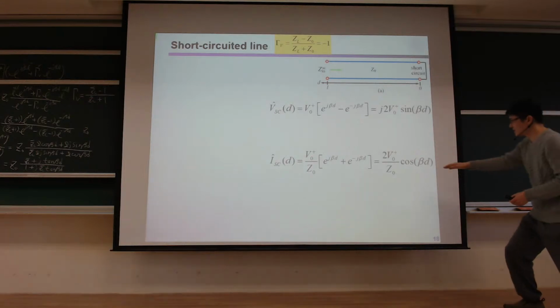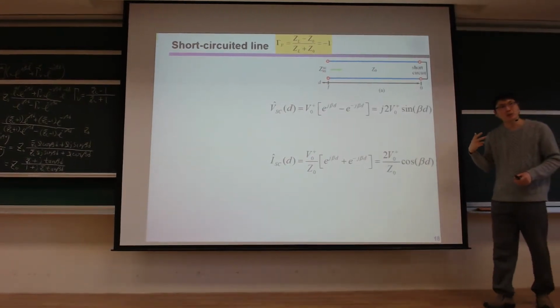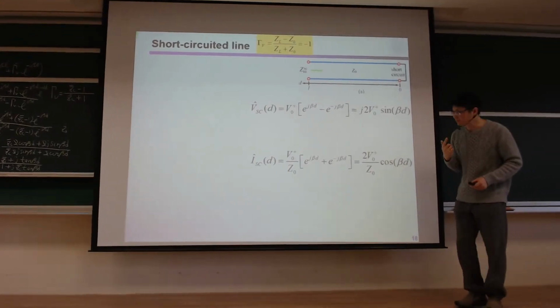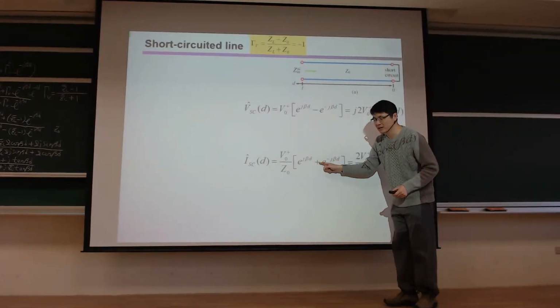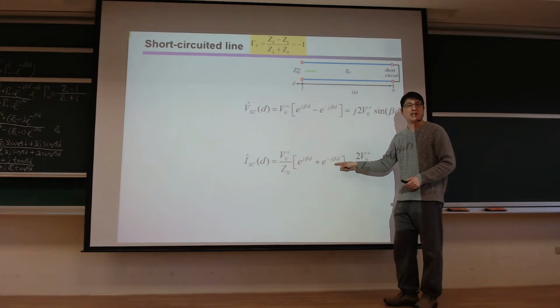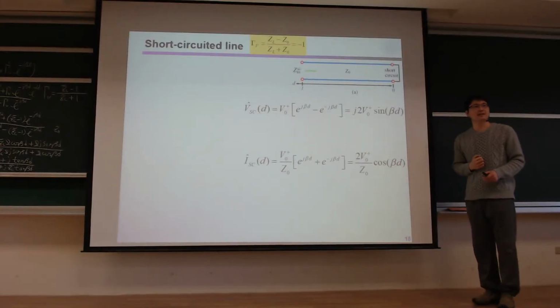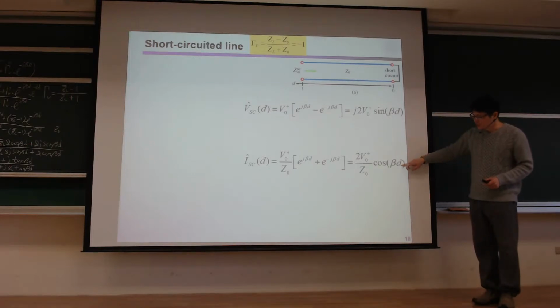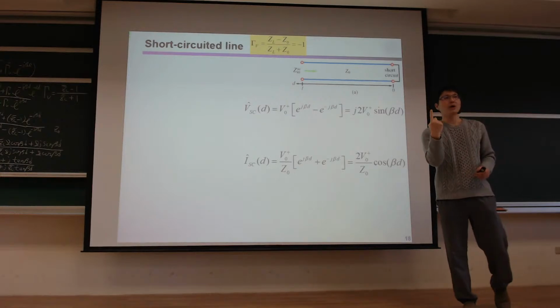But look at the expression. Because gamma V, the reflection coefficient, is now -1, the total current phasor is not having a minus. So exponential j beta d plus its complex conjugate is now having a cosine term, cosine beta d. When d equals 0, cosine of 0 equals 1.